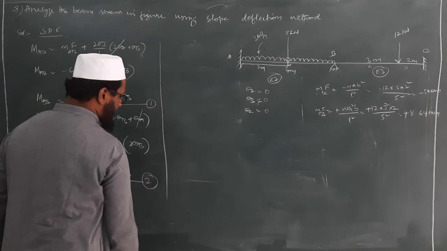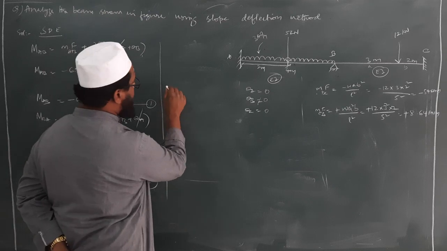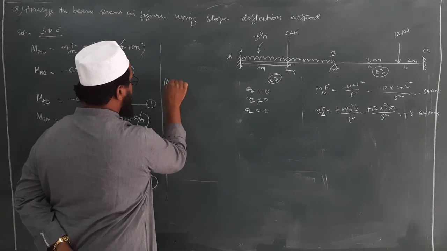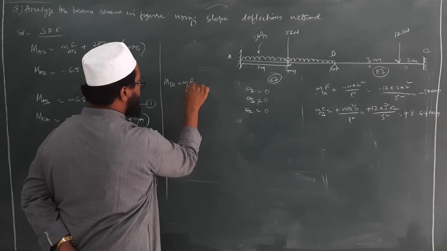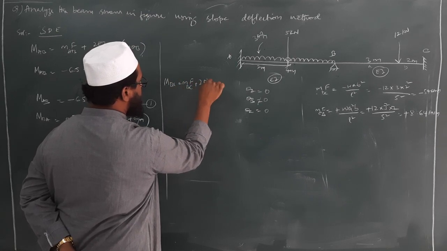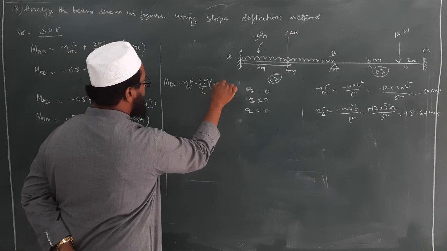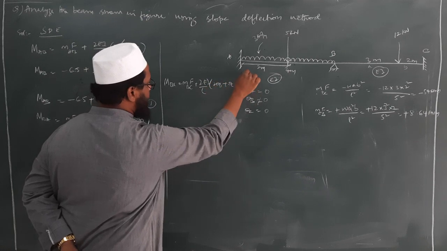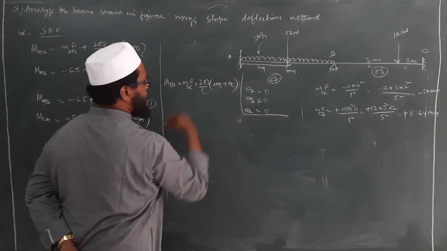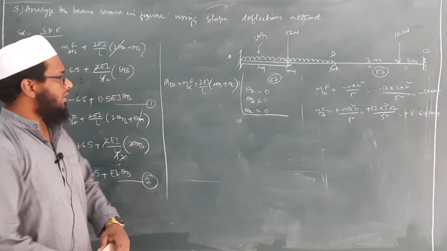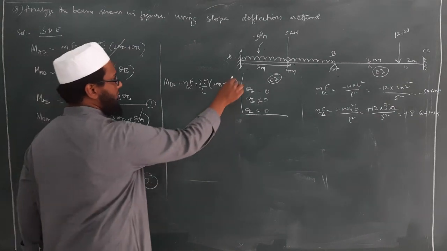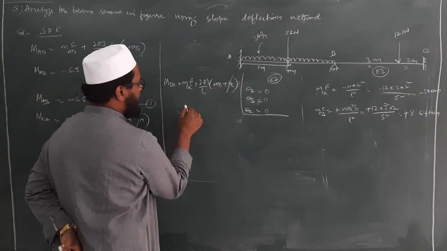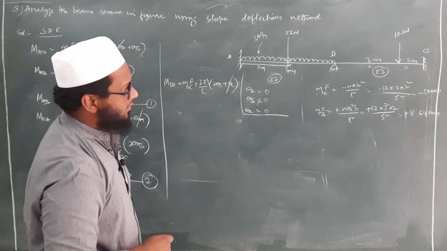Now what is the another equation we can form? That is MBC is equal to MFBC plus 2EI by L into 2 theta B plus theta C. Now here in this case again theta C is equal to 0, right? So what is the value of MFBC we have?